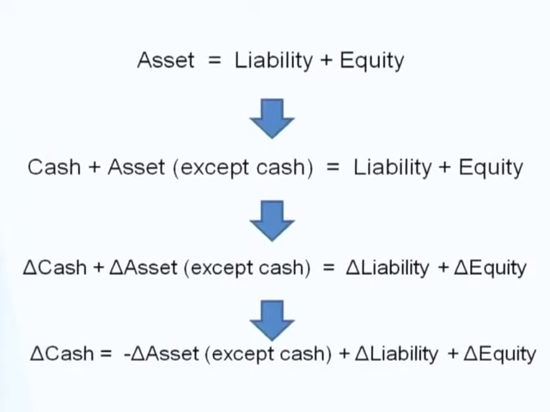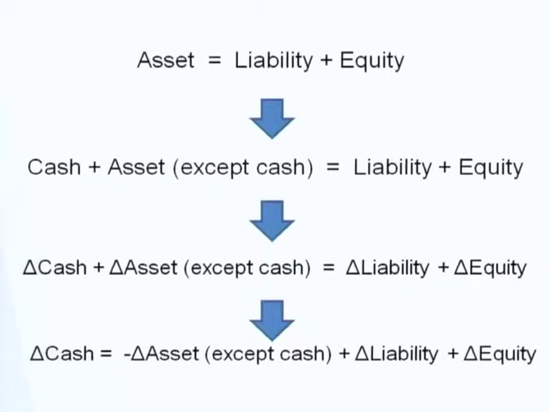Look at this balance sheet. The balance sheet equation: asset equals liability plus equity. So asset can be explained as cash plus asset without cash. Asset without cash equals liability plus equity. If we try to find the change of cash, we put the change symbol on all the variables. The change of cash plus change of asset except cash will equal the change of liability and the change of equity.